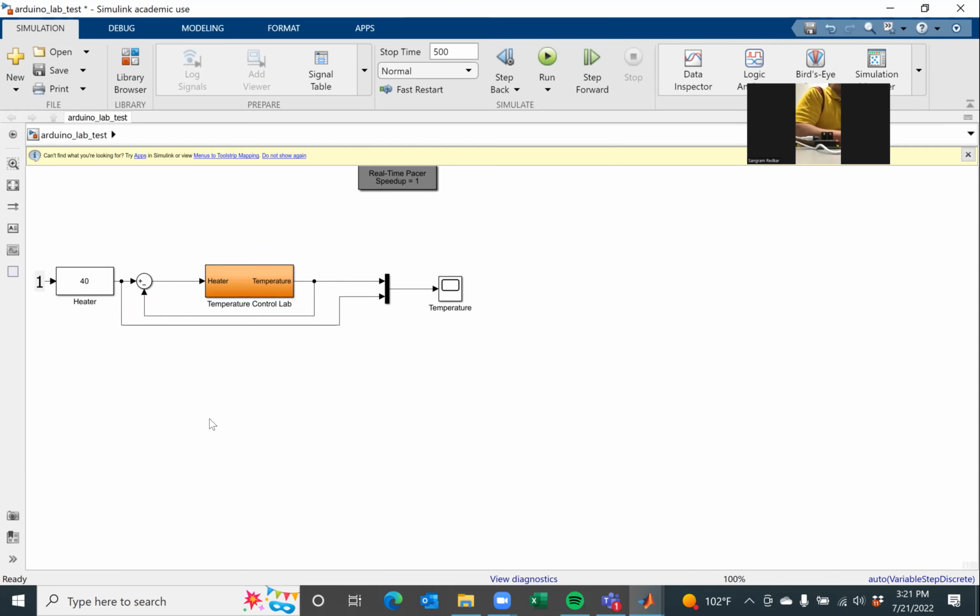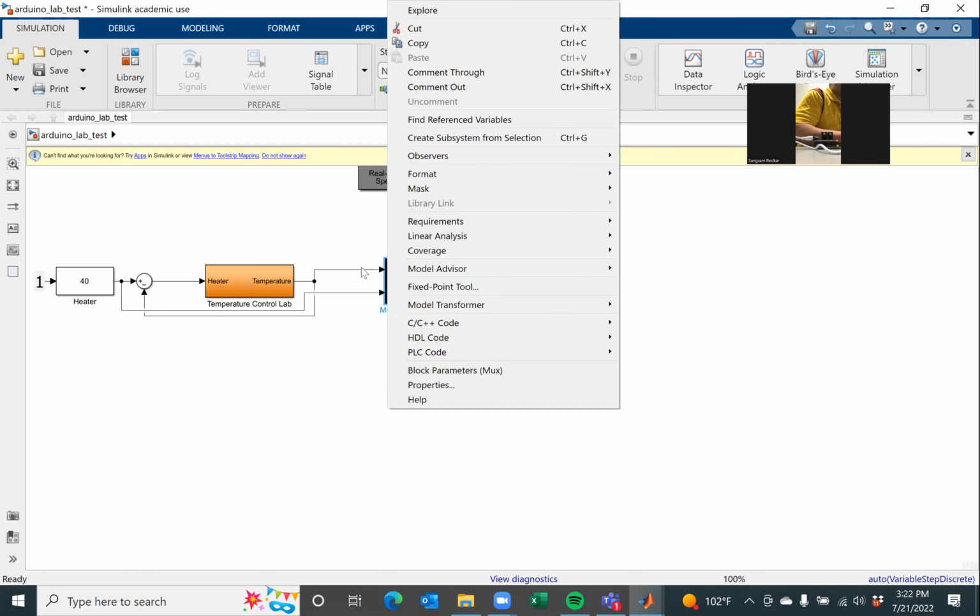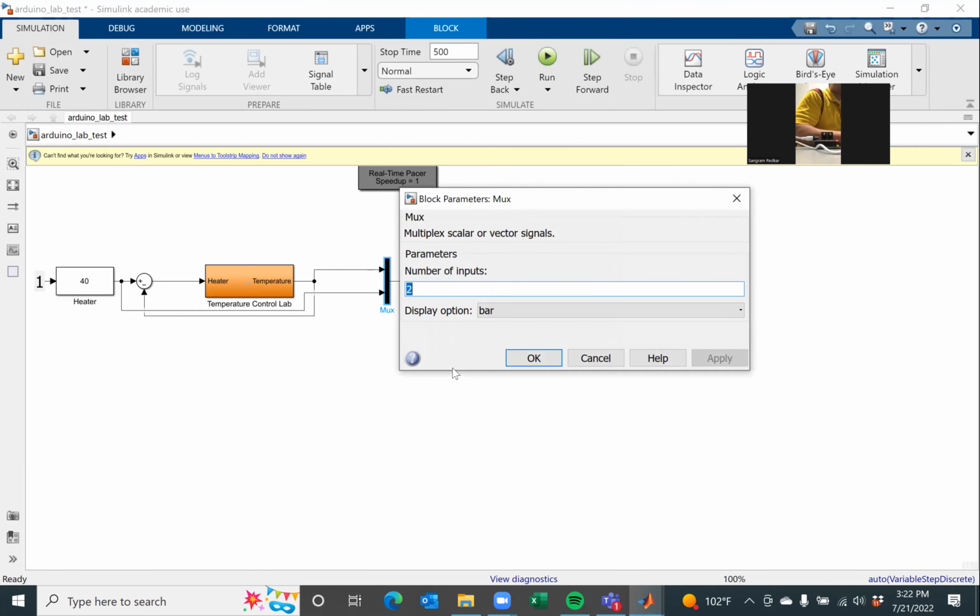And then I want to know what is happening here. So what I could do is I could actually extend this mux, and so basically block parameters. I would say number of inputs 3.